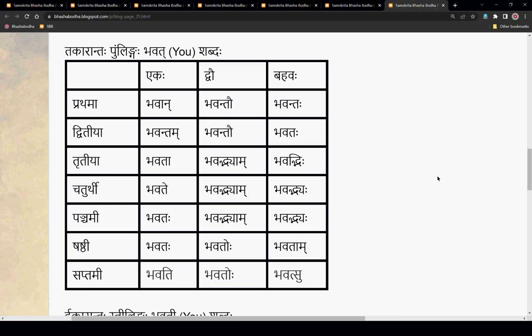Generally you also find this Bhavatam with swagatam. When you are welcoming somebody, you can say Bhavatam swagatam. With swagatam, in Sanskritam we use Shashti Vibhakti, not Dvitiya or other Vibhakti. Bhavatam Bhavatinam.